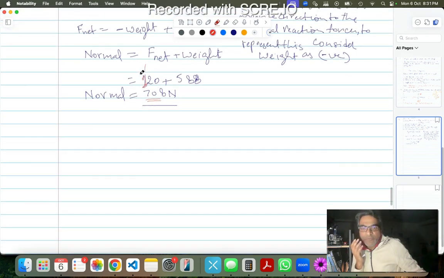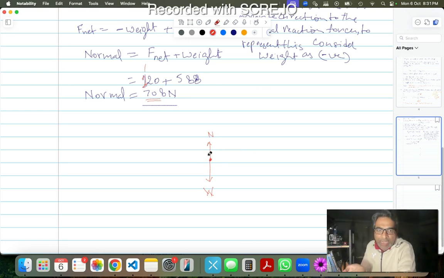Okay. So now come to the free body diagram. Let's see. Again, represent the person as a dot, right? The downward will be the weight only, right? And the upward will be the normal. There are no forward or backward forces because we are moving only upward and downward, right?